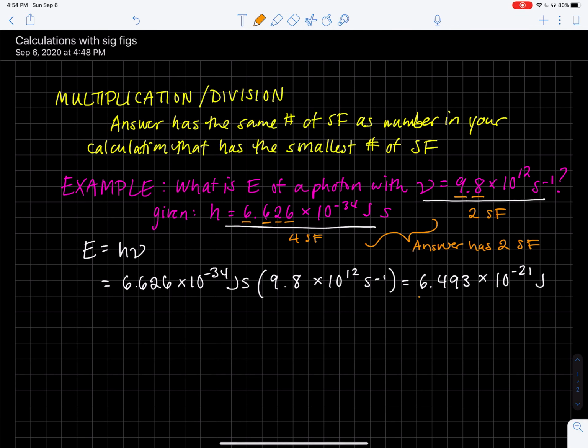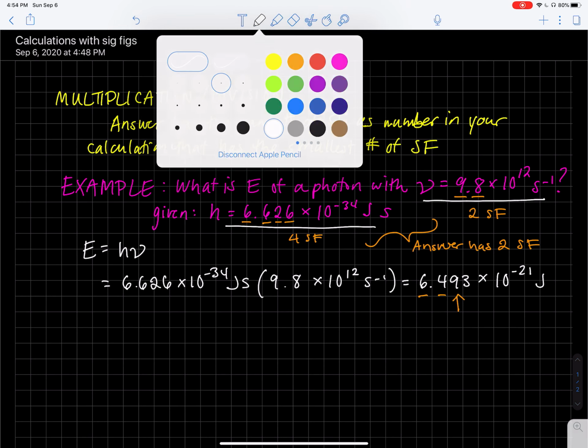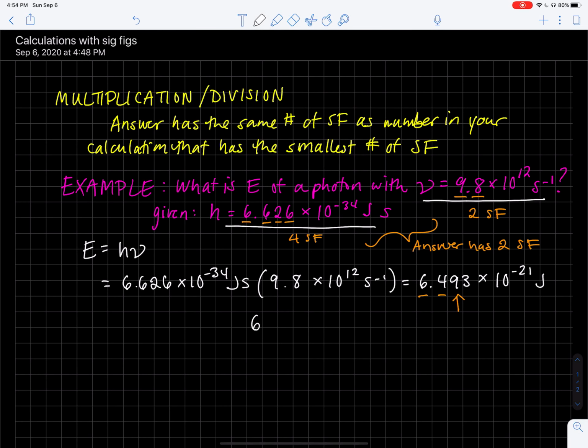And so this will be significant, and this one, that means I have to round looking at the digit to the right. The digit to the right is greater than 5, so I round up. So my final answer is 6.5 times 10 to the minus 21 joules. And that is my answer. Sometimes I think students feel like this is the real answer, and sometimes I'll see students put approximately equal.